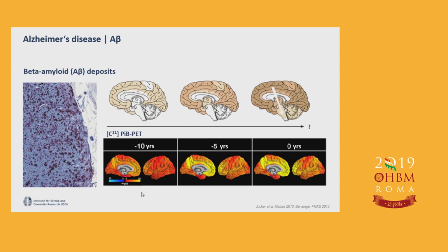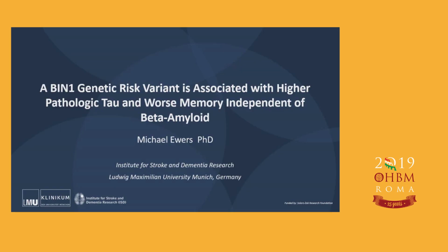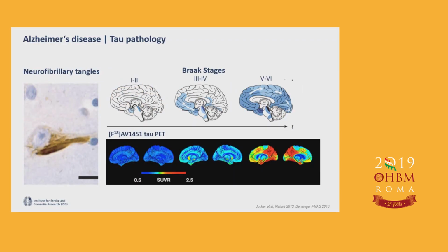PET imaging and other tracers with high affinity to beta amyloid have replicated in humans this histopathologically established sequence. A clearer, more distinct spatial-temporal sequence of the spreading of pathology is seen for tau.